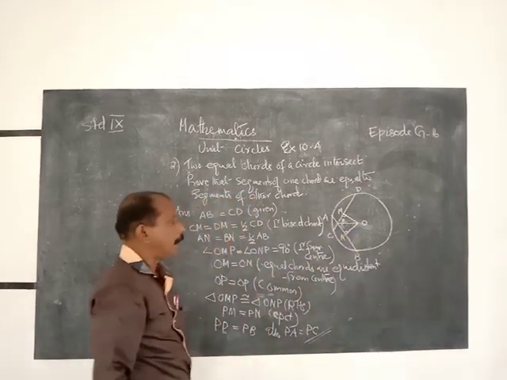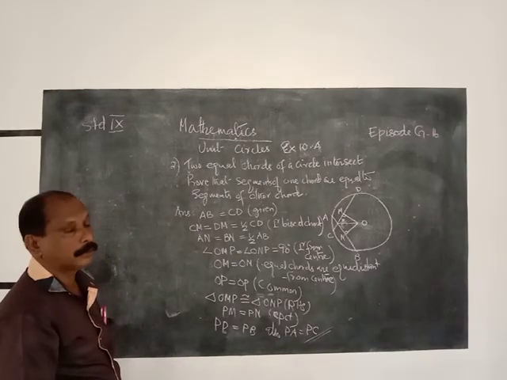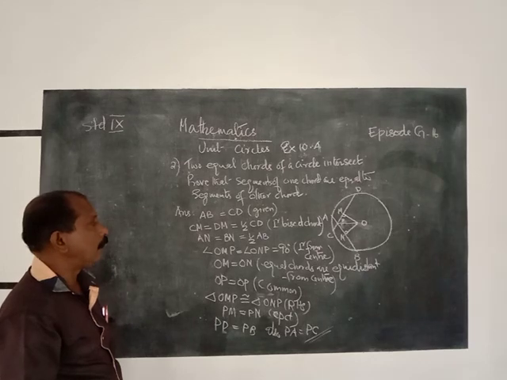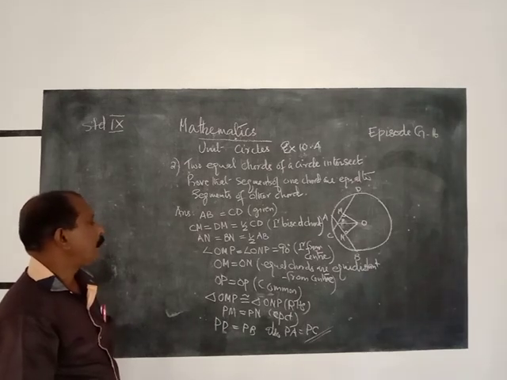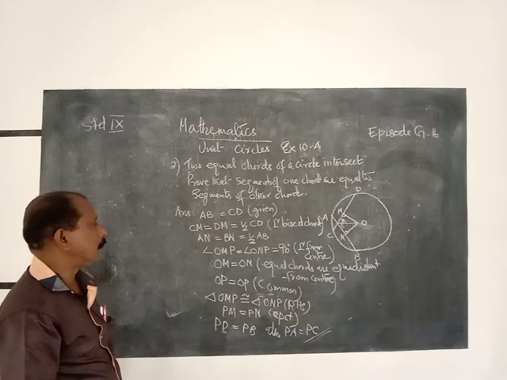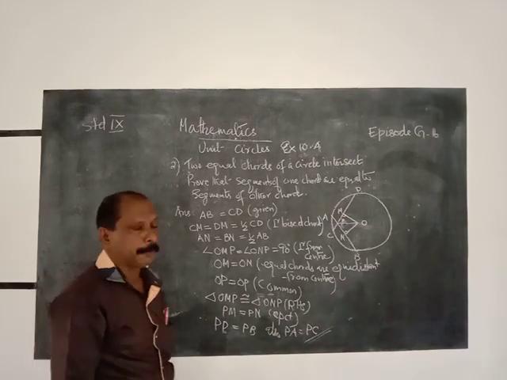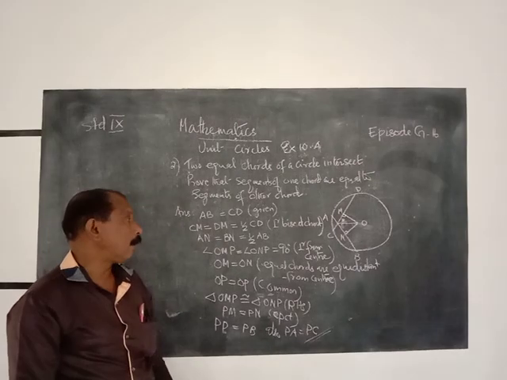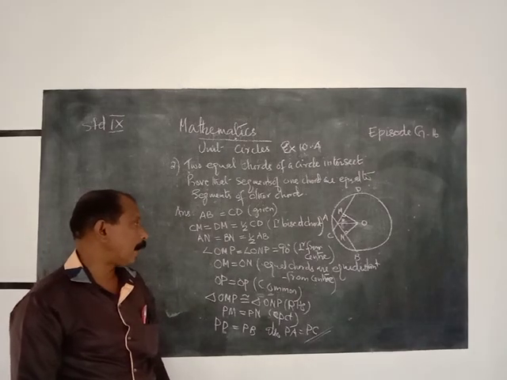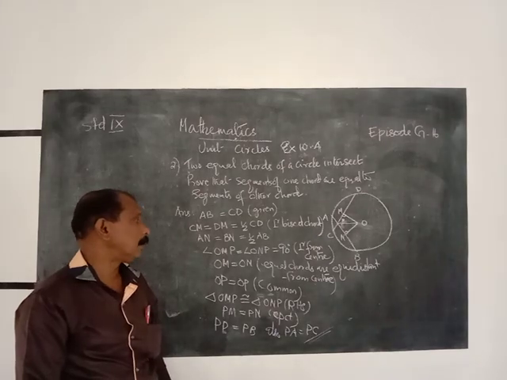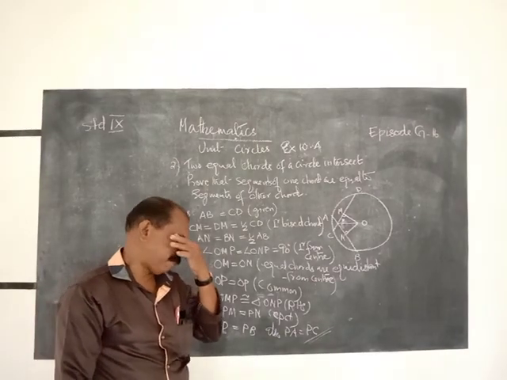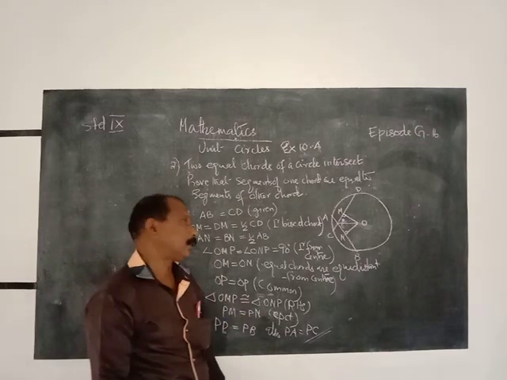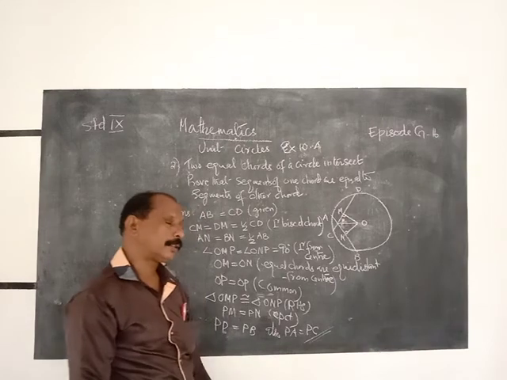Therefore, we know that AB is equal to CD, CM is equal to DM is equal to half CD, and AN is equal to BN is equal to half AB. That means perpendicular from center bisecting the chord. That is the reason. Angle OMP is equal to angle ONP. That is 90 degree because the line segment from center bisects the chord. It is perpendicular to the chord. That is perpendicular from center. That is given.